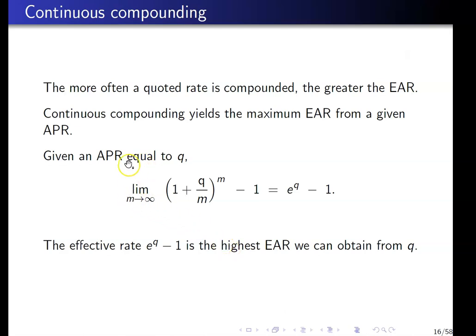So if we have an APR equal to q, and we take the limit as the number of compounding periods in a year goes to infinity, so 1 plus the APR divided by m, to the power m, what happens when m goes to infinity? Well, this does not go to infinity, nor does it go to 0. It converges to e to the power q.